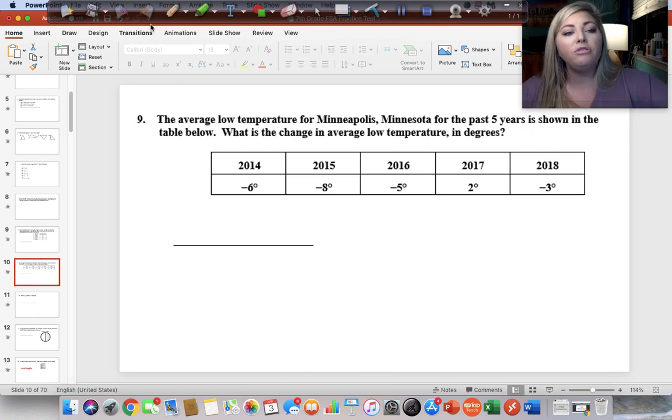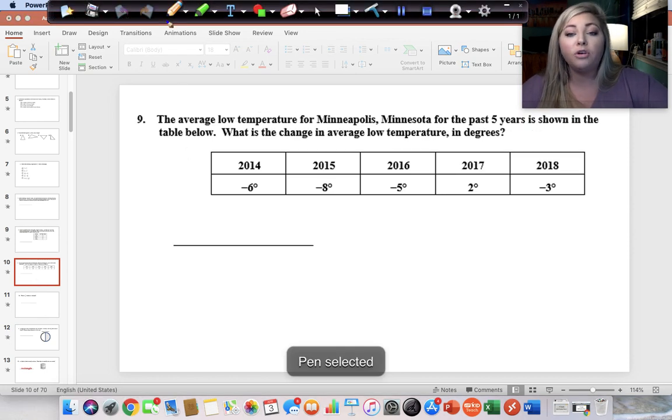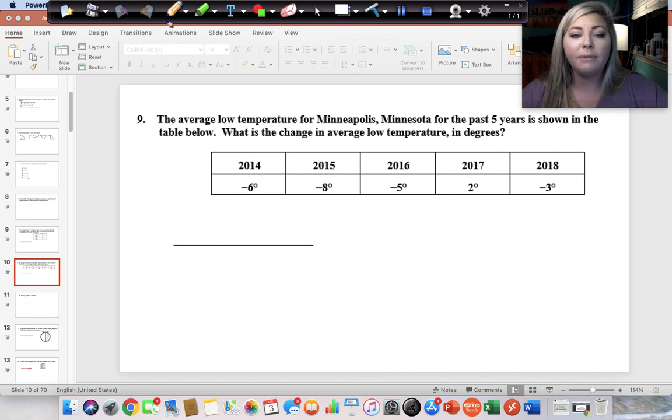Okay, the average low temperature for Minneapolis, Minnesota for the past 5 years is shown in the table below. What is the change in average low temperature in degrees? Okay, so if it wants the change, we need to see what the change is in between all of these numbers.